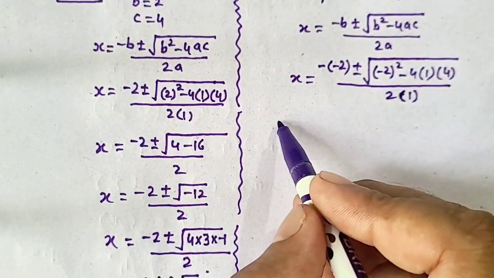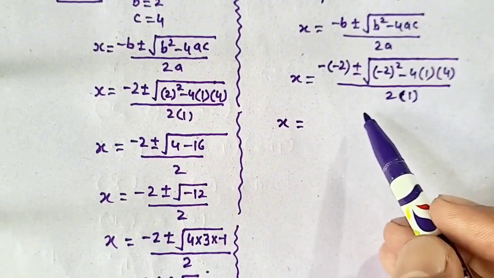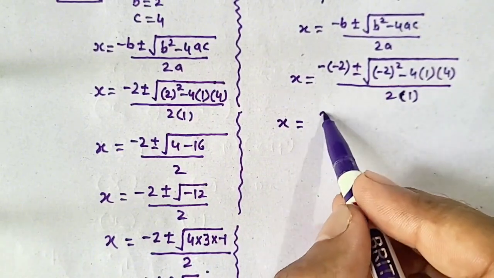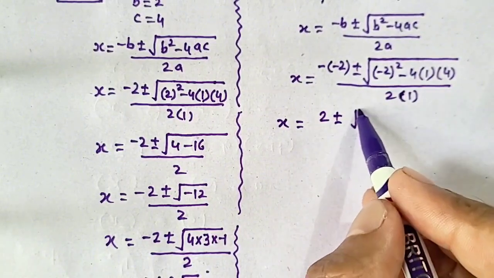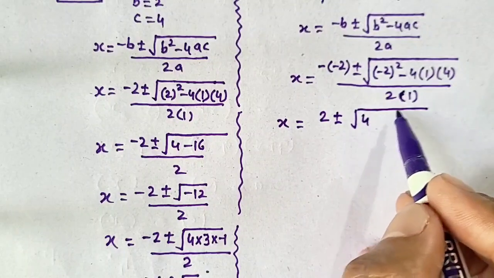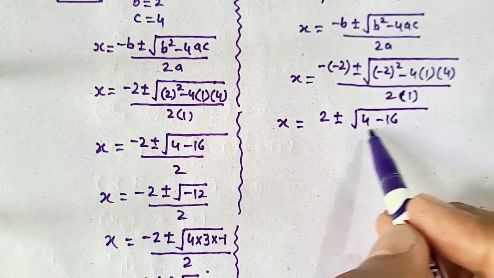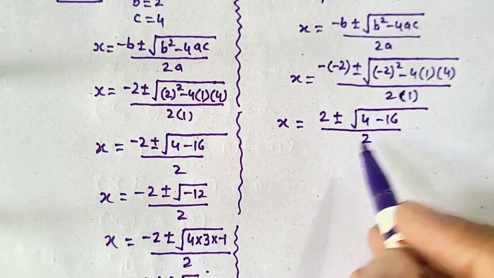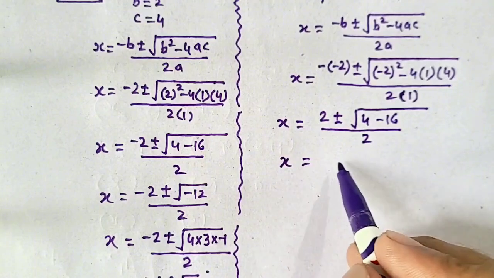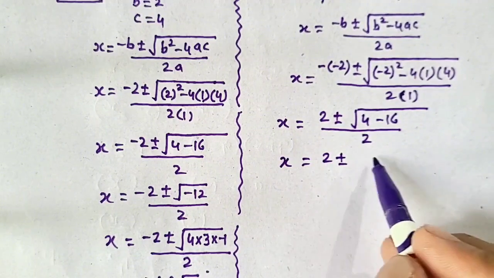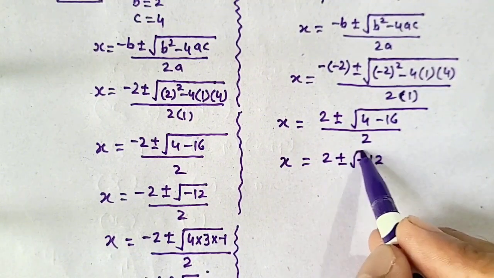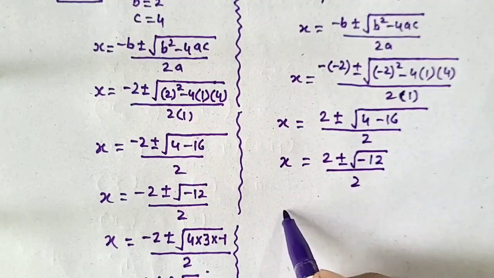So we simplify it. It will become 2 plus minus square root of 4 minus 16, divided by 2. We will get 2 plus minus square root of minus 12, divided by 2.